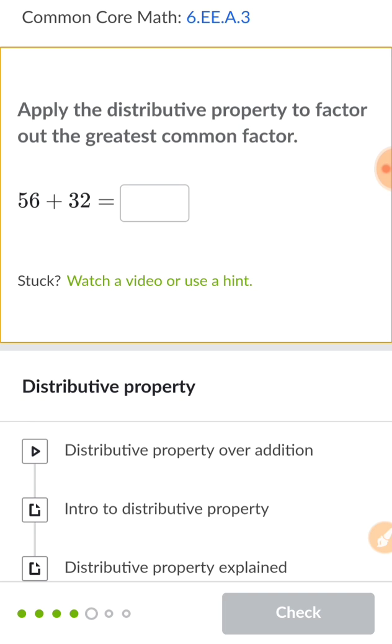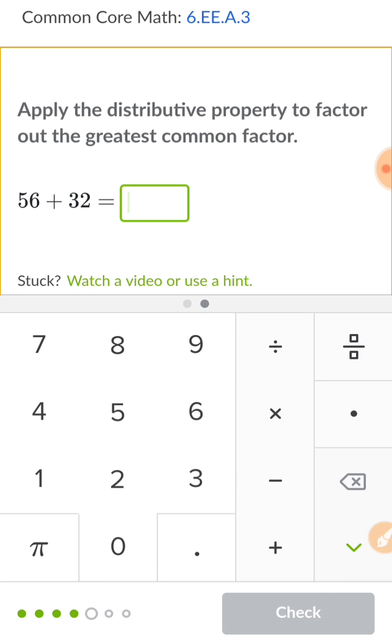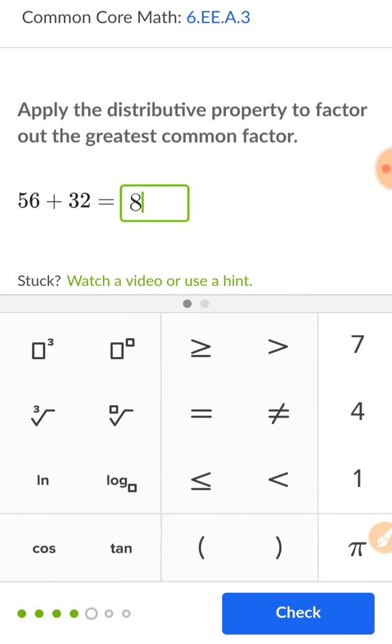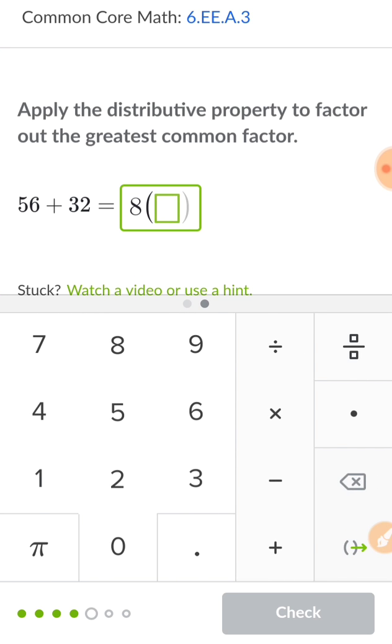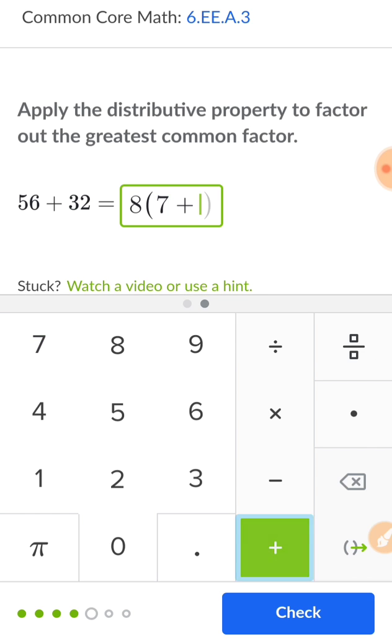My greatest common factor between those should be 8. So 8 times, inside the parentheses, 56 divided by 8 will give you 7. Plus 32 divided by 8 will give you 4. So the answer should be 8 times the sum of 7 and 4.